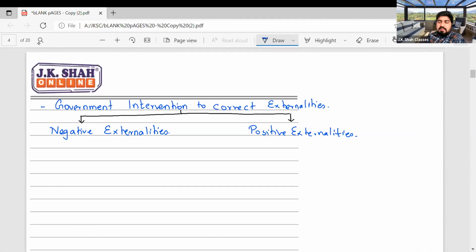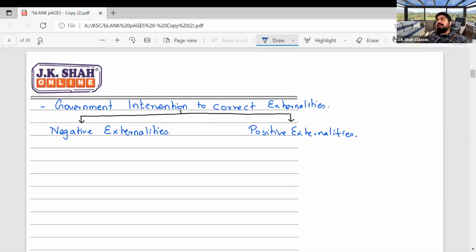Now tell me one thing, when will government intervene? In case of negative, in case of positive, or in case of both? Well, the correct answer is both. Why?